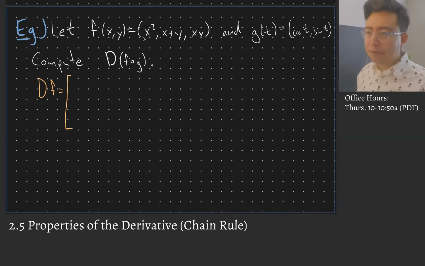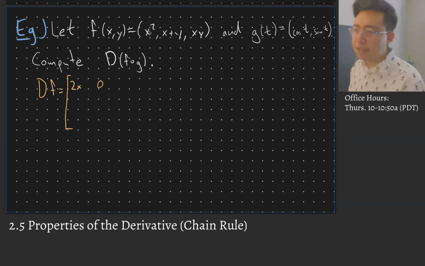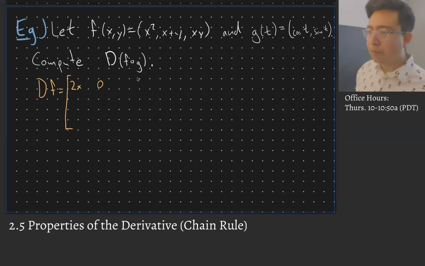So the derivative of this with respect to x is 2x. The derivative of this with respect to y is 0, right? Because there are no y's. So as y changes, this doesn't change. Okay. So that's the first row. The second row, you focus on the second coordinate here and you take the derivative with respect to each variable.